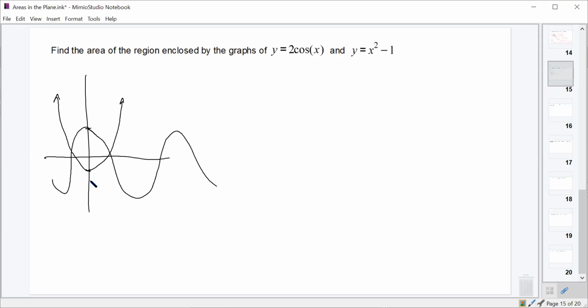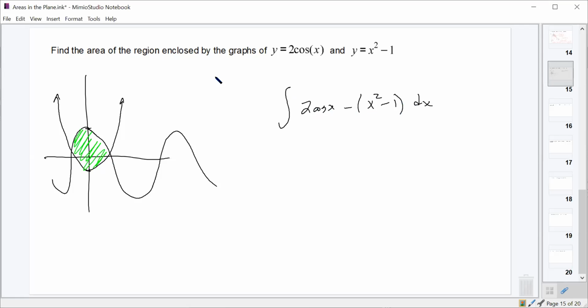Okay. Is one function always above the other function for our region? Yes. So it should be an integral of the upper one, which was 2 cosine x, minus x squared minus 1 dx. But we still need to figure out where those intersect.